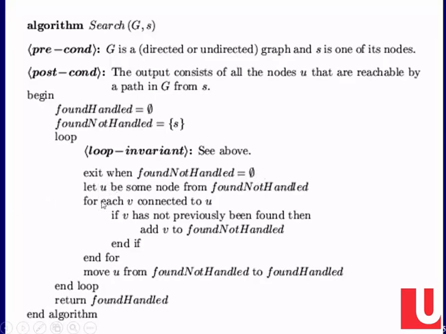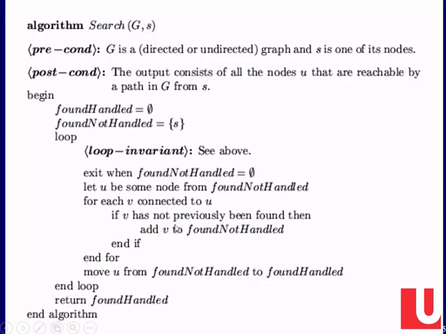Otherwise, we take U to be some node that's found and not handled. We take it out of found not handled. And then we look at every V coming out of U, and if V is not previously found, then it's obviously not handled, so we put it in found not handled.